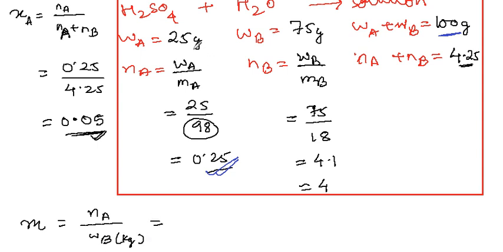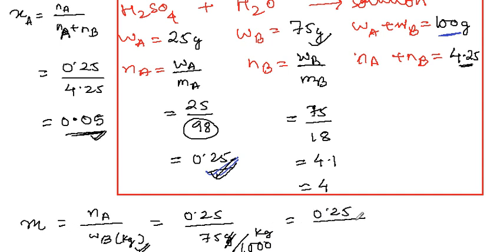The number of moles of solute is 0.25, and the solvent mass is 75, but 75 is in gram. To convert the gram into kg, we divide it by 1000. So this would be 0.25 divided by 75 multiplied by 1000, and the unit is mole per kg.